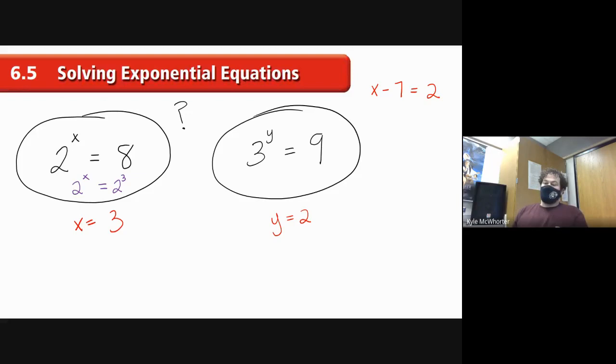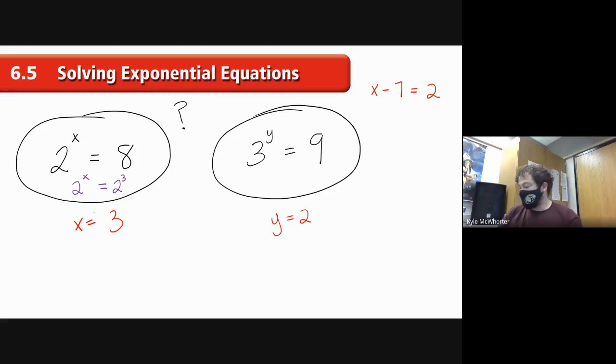One of the methods that we're going to learn is that if you're able to rewrite both sides of the equation as a power of the same base, then the exponents have to be equal. 2 to the x equals 2 to the third. The only thing x could be is 3, because 2 to any other power is not going to equal 2 to the third, or 8.